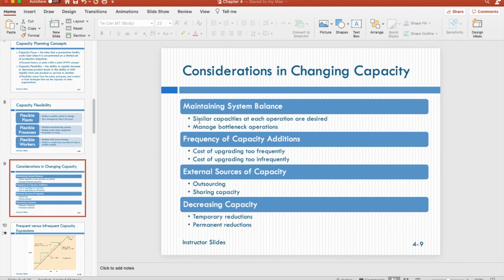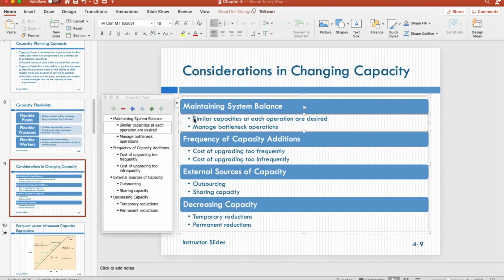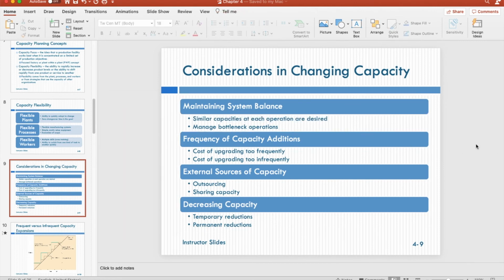That's why I say that a similar capacity at each operation is desired. Let's say if the capacity for one discipline is much better than the other discipline, it's not a good signal in terms of the overall capacity management level, right?